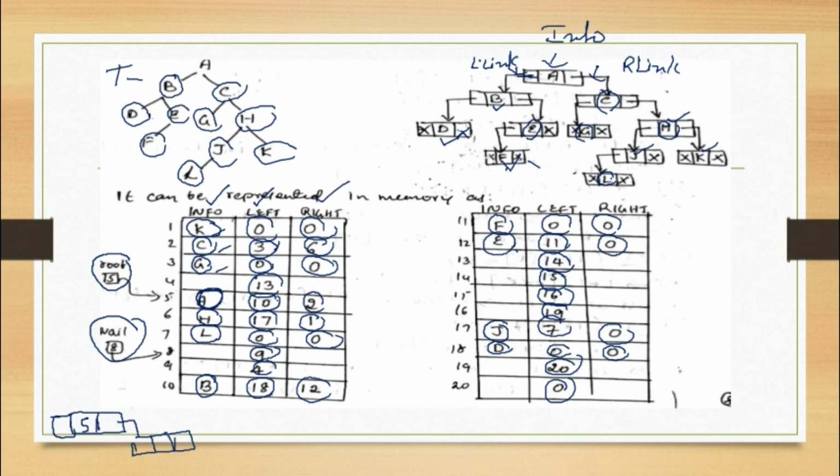Wherever the root is, that is location 5. What is the element over there? The element is A. So you can write it like this: A is the element, and A's left link is 10. Then in the 10th location you will have B.